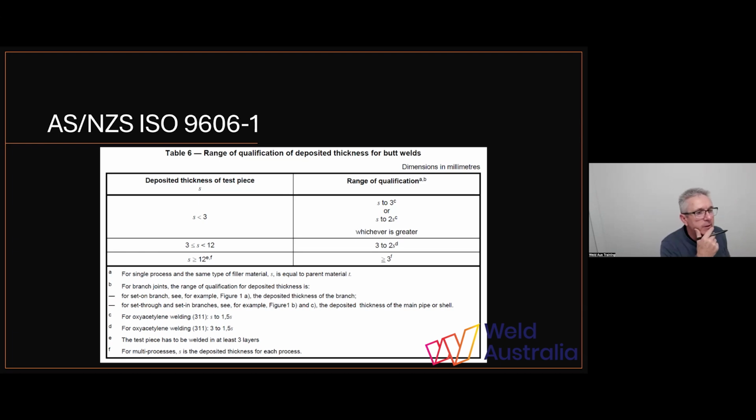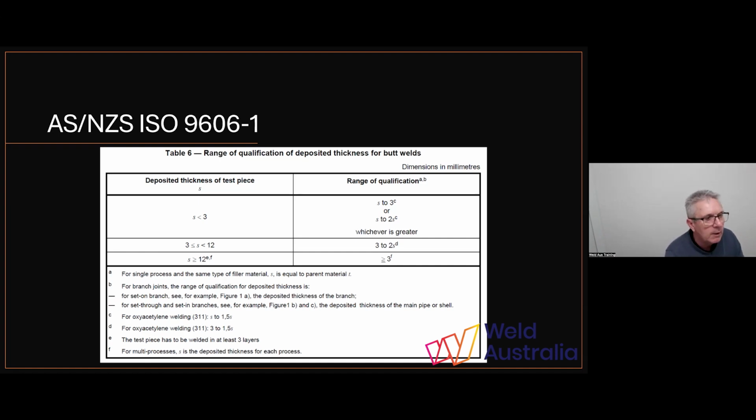So let's say, for instance, Amir, we've done a butt weld. With this one, his first run, his deposited thickness on a butt weld was 5 millimeters, right? Yes. So what it means there is when we start looking further on, we look at single-sided material backing and so forth, and I'll explain that as we go through. But this is generally where we're looking at a multi-process, so we've used 2 different processes.